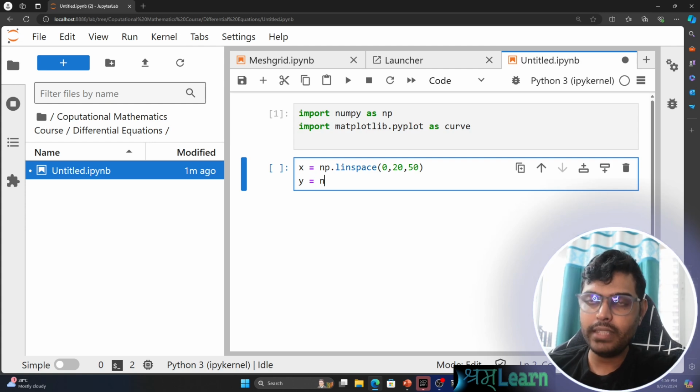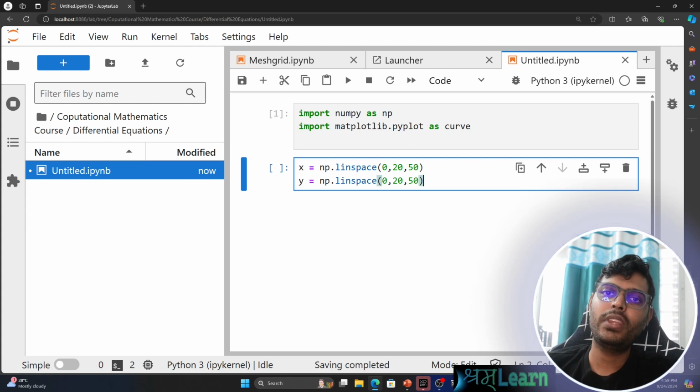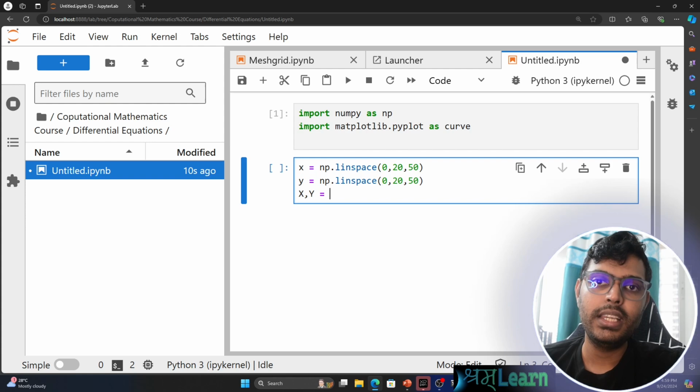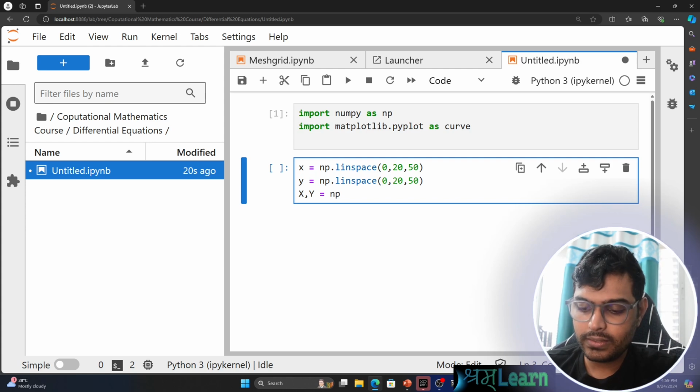Y is also the same, np.linspace 0 comma 20 for 50 points. So this is 50 into 50, 2500 points. For 2500 points we have to compute the capital X, capital Y coordinate matrix, as we have discussed in the last video. That is important to plot and to compute functions of several variables.